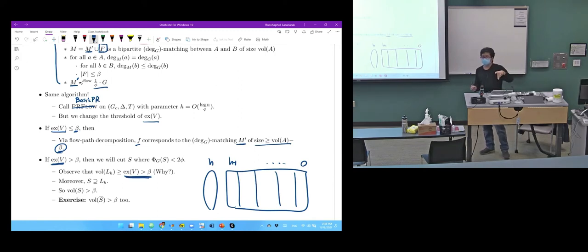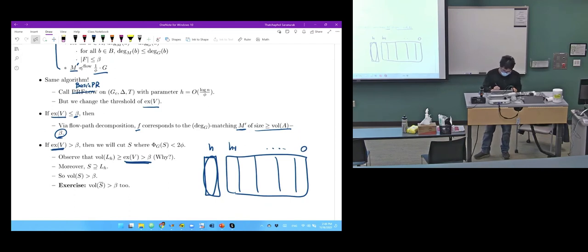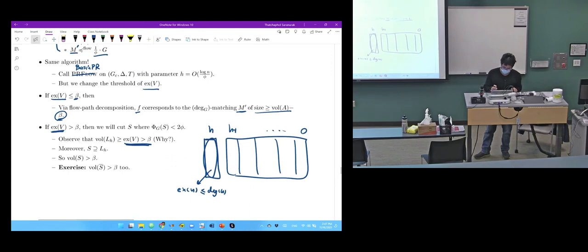Where can the excess be? Only at the topmost level. And for each of these nodes, the excess at each node is at most the degree. Right? Because the excess is at most the source, but the source is at most the degree.